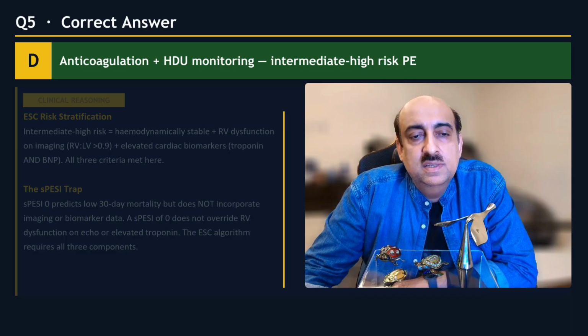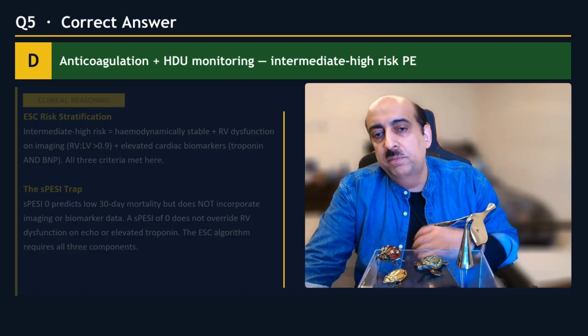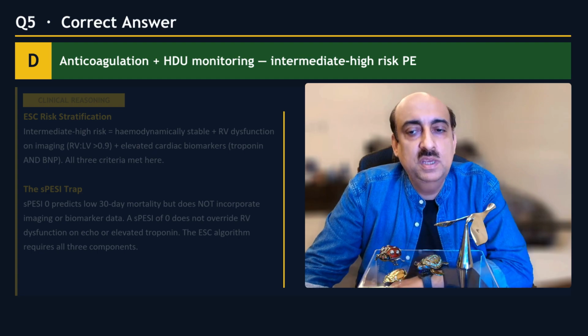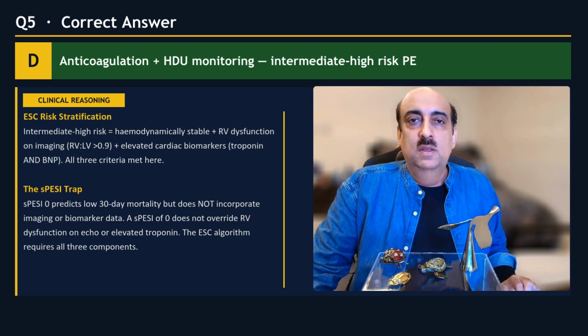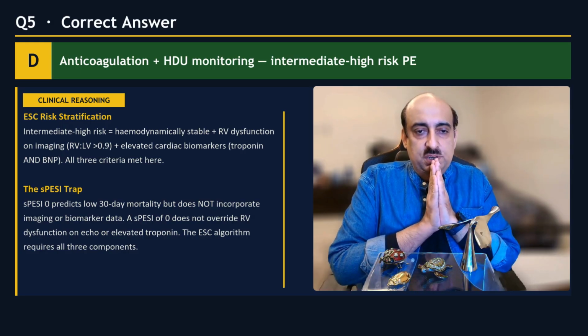Coming to the correct answer, and that is option D, anticoagulation plus high dependency unit monitoring. And the reason being, which is a two-part thinking, that it's an intermediate high risk PE. So, brief clinical reasoning: why is this patient for anticoagulation in HDU?